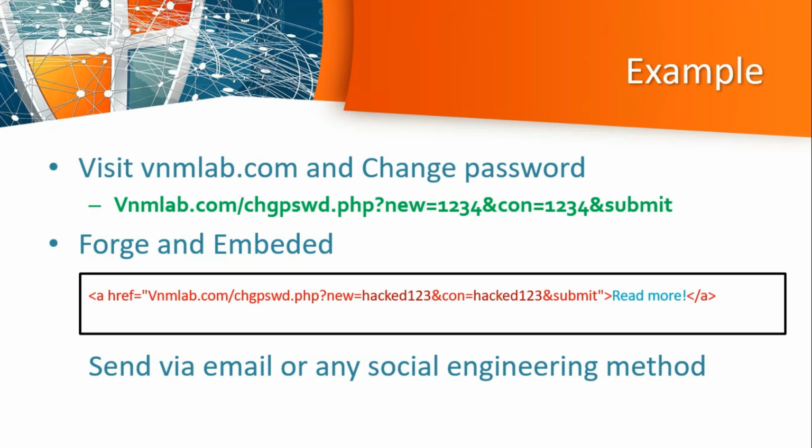He forged the change password request and set his password like hack123. Somehow he embedded this link in an HTML form and sent it to the victim using social engineering tricks. Somehow the victim clicks on that particular link or button, then the victim's password will be updated to hack123, which was set by the attacker.